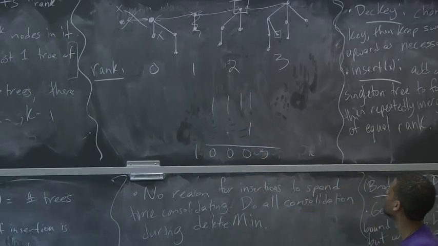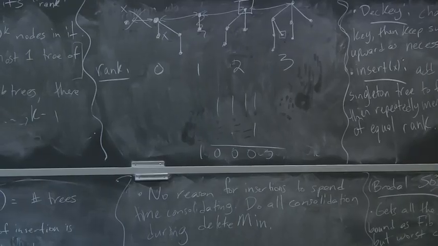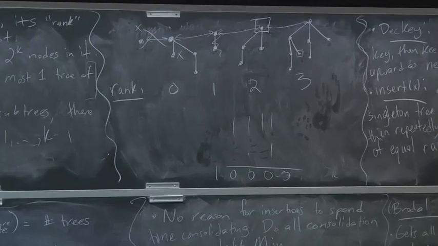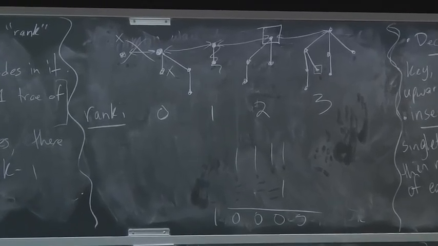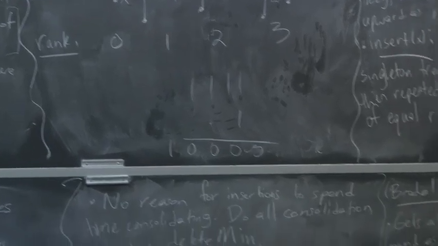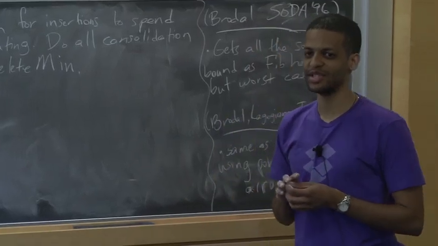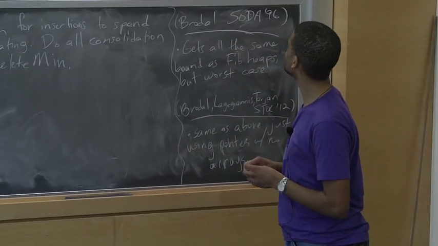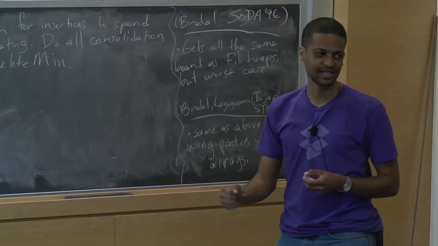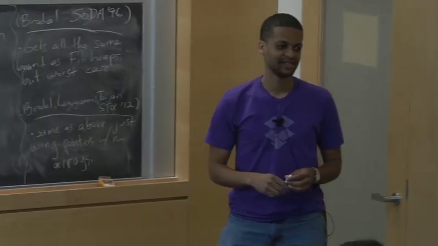So if someone keeps doing decrease keys over and over again in the large rank tree, then we're out of luck, and they can do that. So what's something extreme? It's not going to work, but tell me something ultra lazy that you could do to implement decrease key. I want decrease key to take constant time. Yeah, just put it back on the linked list.